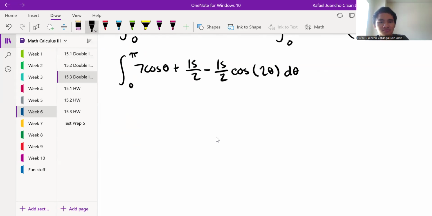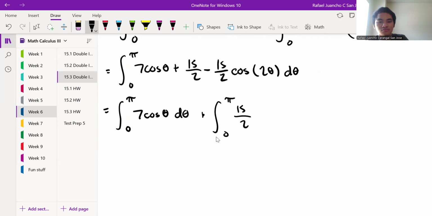Okay. And then from there, I'll probably just separate it because there's just too much going on. Then I subtract this thing. But these are pretty simple integrals to do, right?